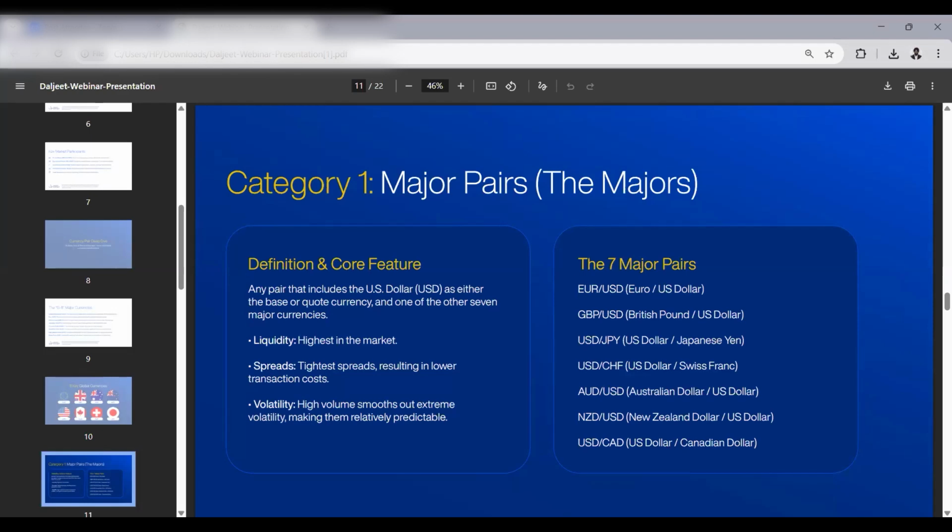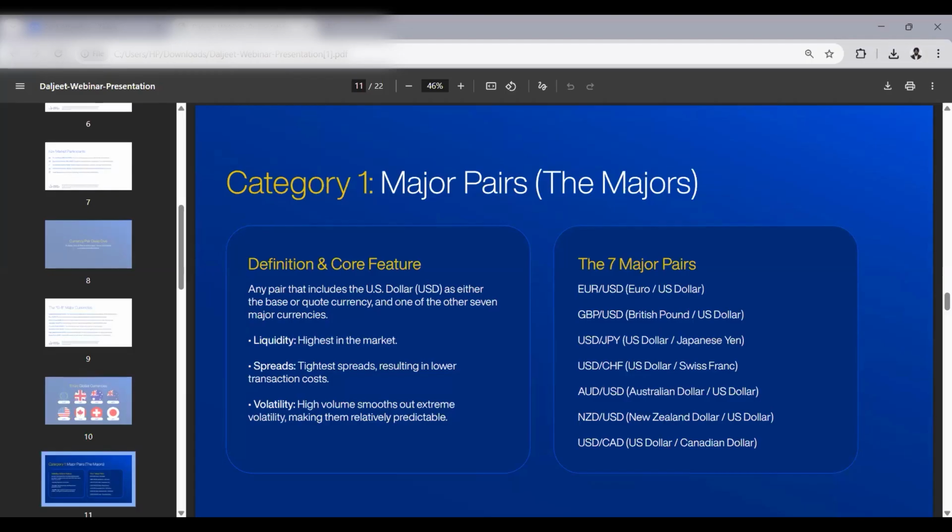Because as I told you, USD, the United States dollar, is the most acceptable currency throughout the globe. So any pair combination of USD with only major currencies is considered a major currency pair.